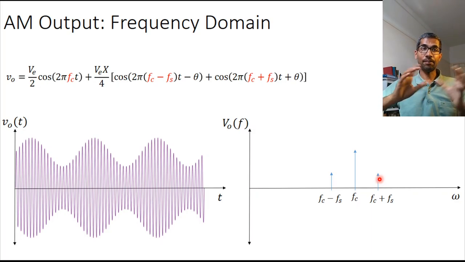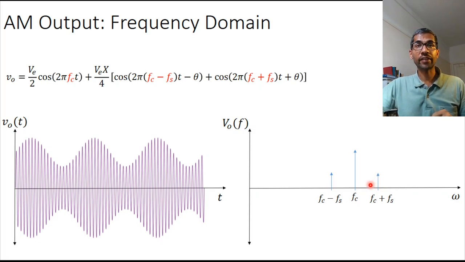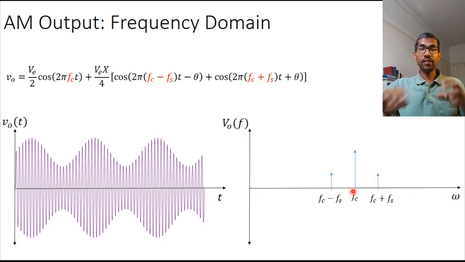So what amplitude modulation has done is it's taken your signal at fc, and then it has given you two signals that are proportional to the x on both sides of the carrier signal, of the input.